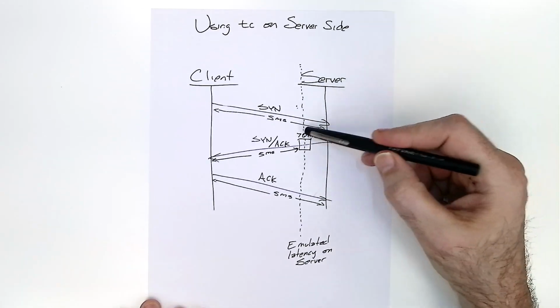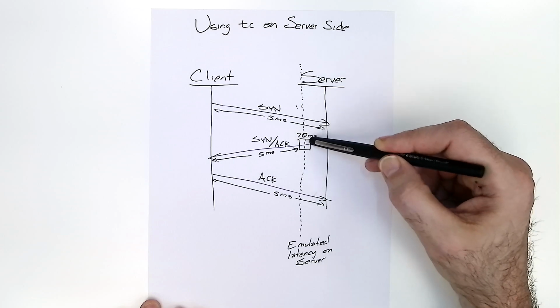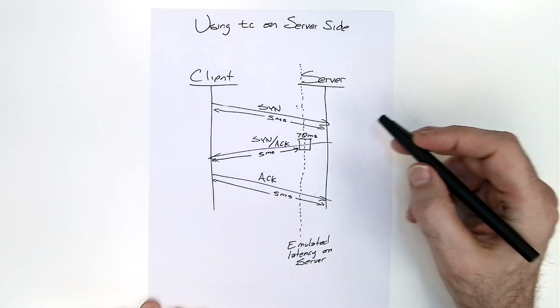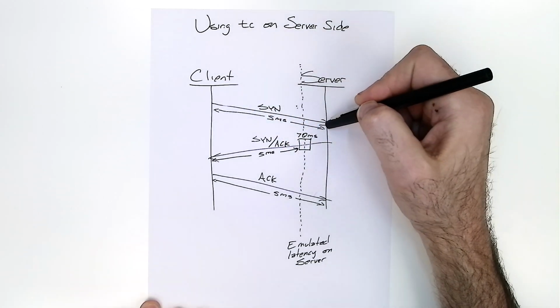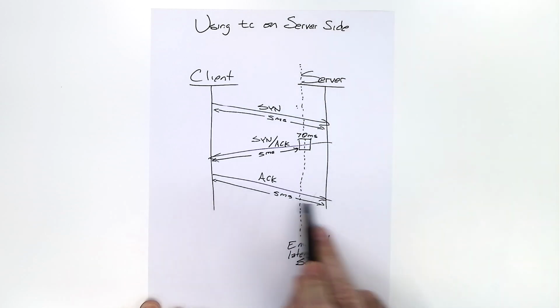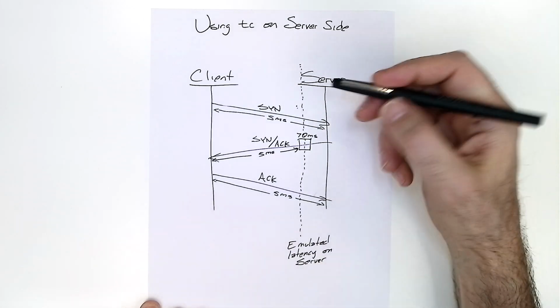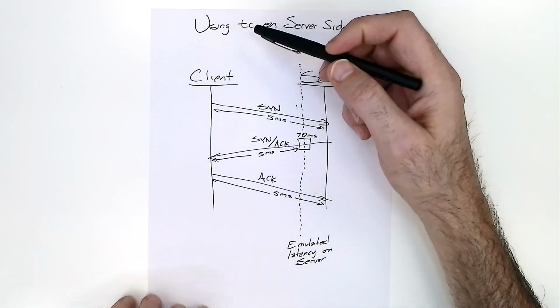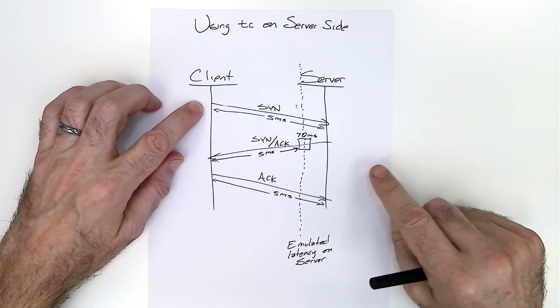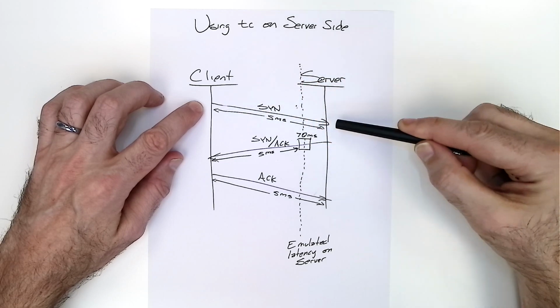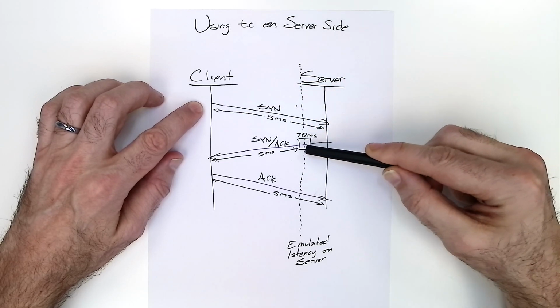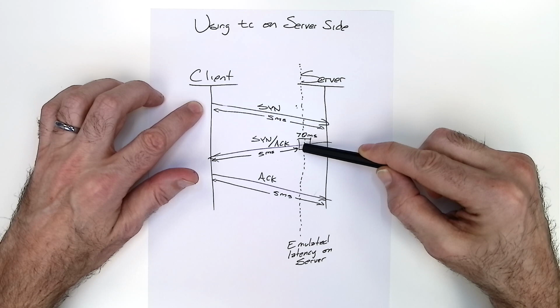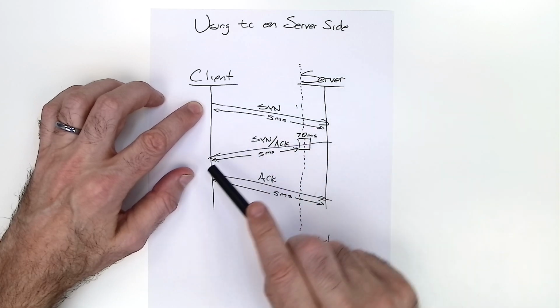Notice, though, how we only have the latency being applied in one place. Our SYN packet has no latency added to it. Our ACK packet has no latency added to it. But let's look at a three-way handshake. Say we capture on the client. We see that we spent 5 milliseconds going over, 70 milliseconds added of emulated latency plus another 5.